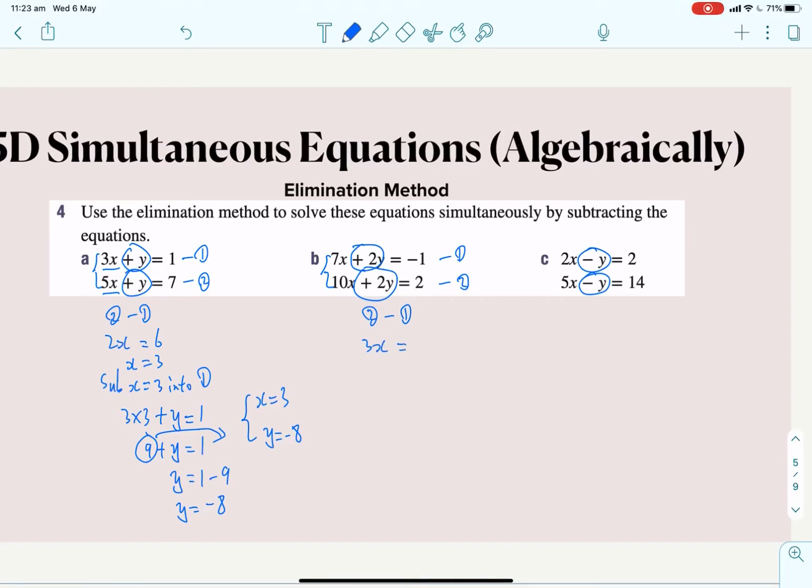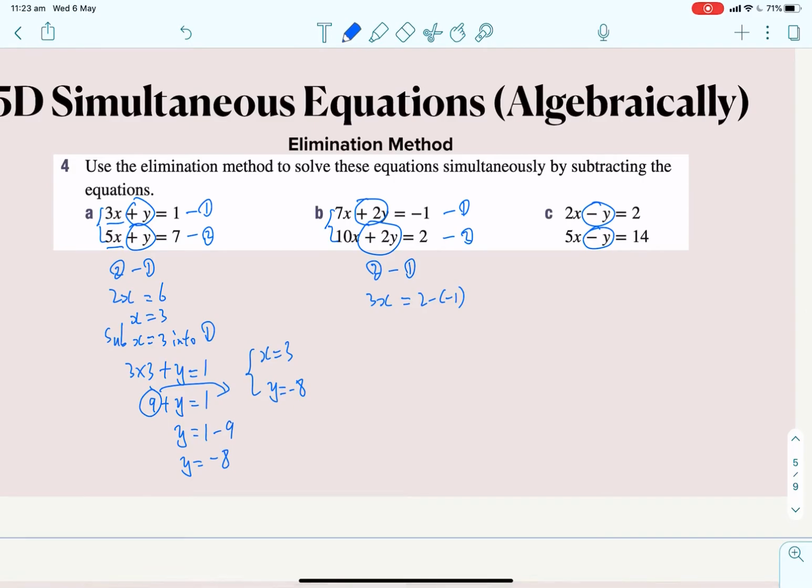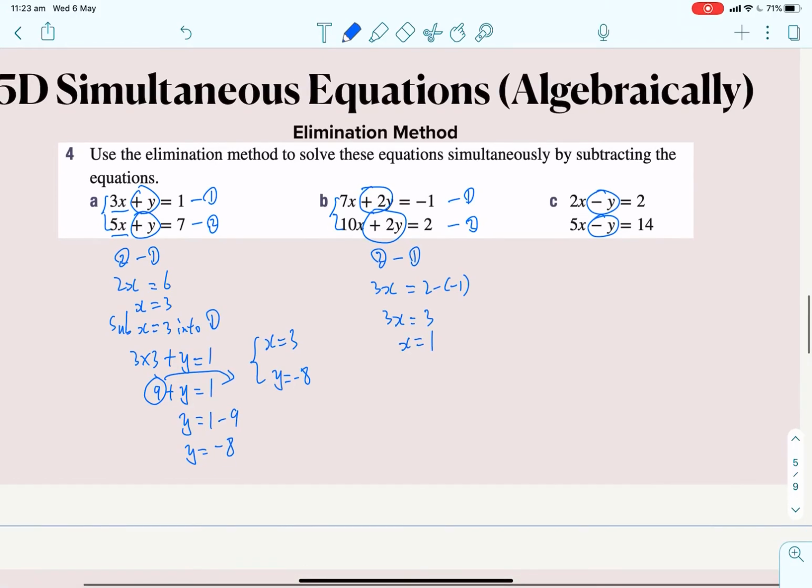These two cancel each other out. Wow, 2 minus negative 1. This is interesting. So minus negative is plus. So 3x is 2 plus 1 is 3. x is 1. Okay. If you're not sure, check your calculator. It always helps. And then we can substitute x equals 1 into, I like small numbers, so 1.